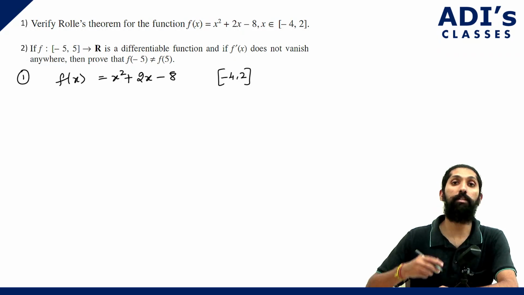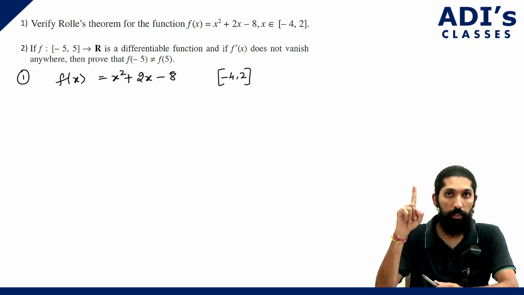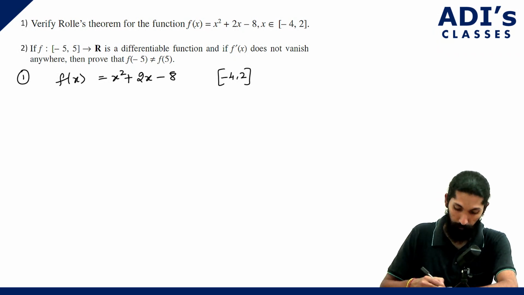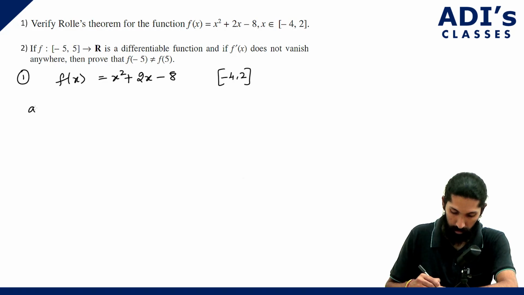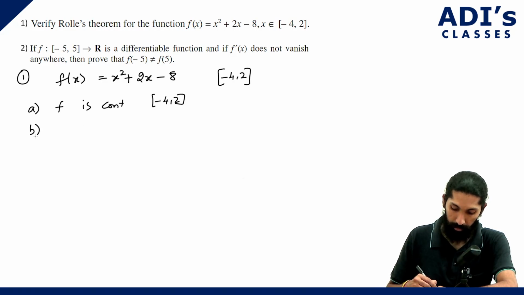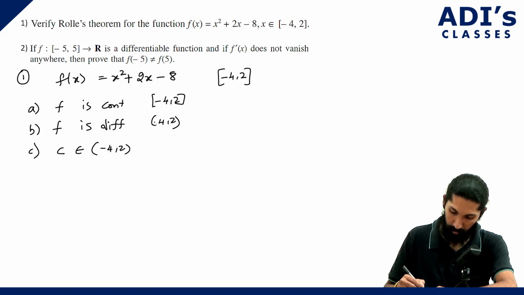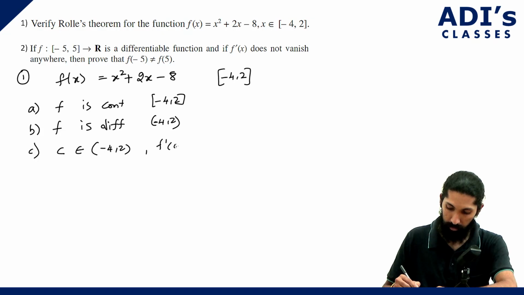Now what are the conditions for Rolle's theorem? First one is f is continuous in [-4, 2], correct? And second is f is differentiable in (-4, 2), and third one is there exists c which belongs to (-4, 2) and f dash of c is equal to 0, correct?